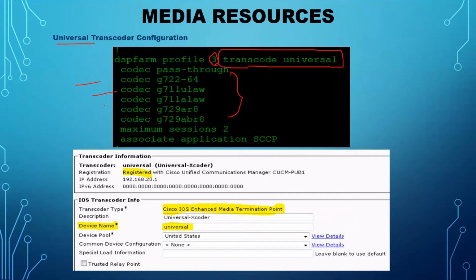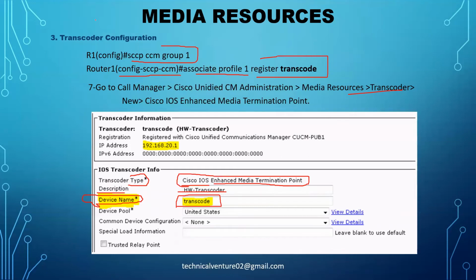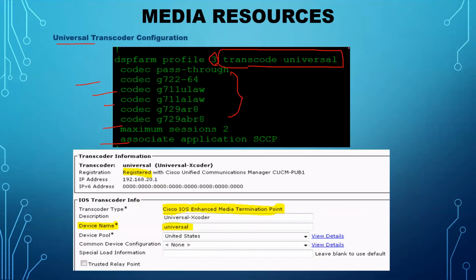You can put all the codecs, maximum sessions, associate application SCCP, and after this you can associate this profile with your CCM group, SCCP CCM group 1. After that, associate profile 3 register transcode universal. You can do this on your router.